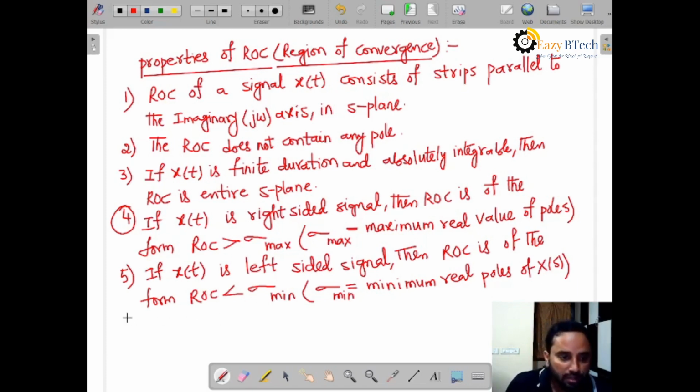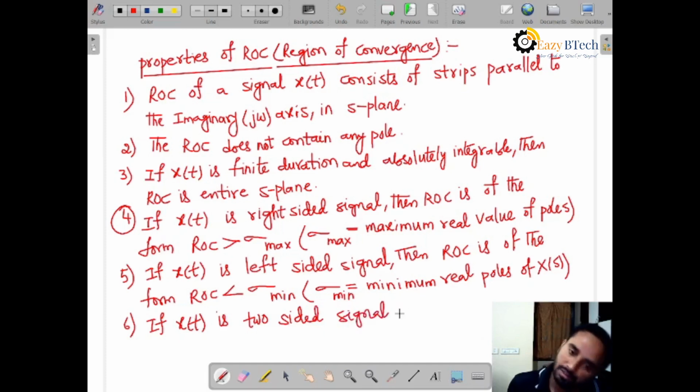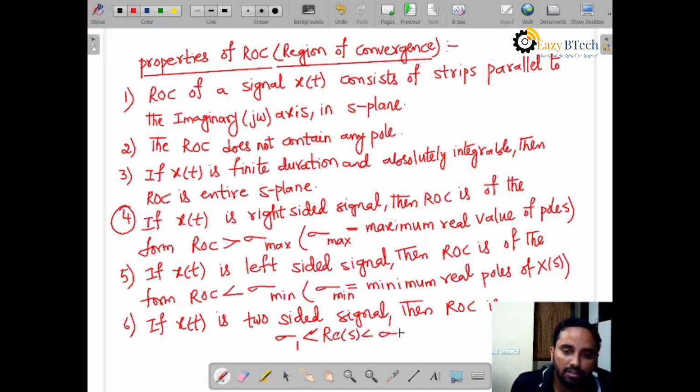Now the sixth one, if x of t is a two-sided or double-sided signal, then ROC is sigma 1 less than real part of s less than sigma 2.